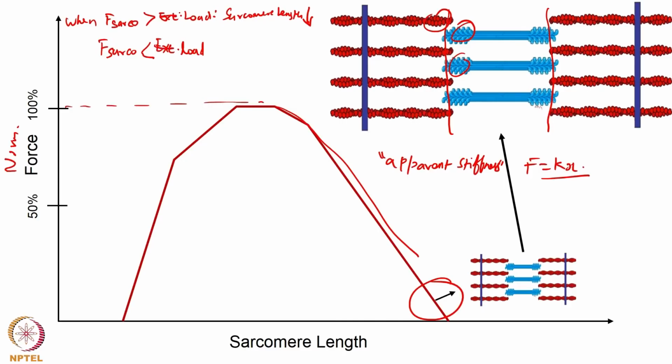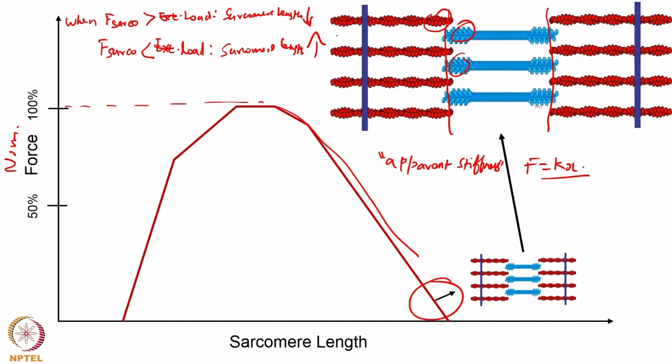If the force produced by the sarcomere is less than the load on that sarcomere, then what happens, the sarcomere length increases, right.